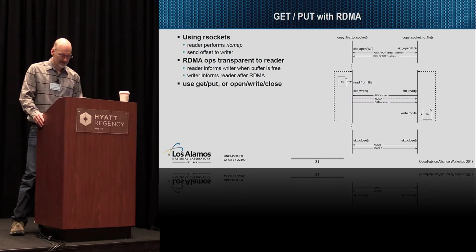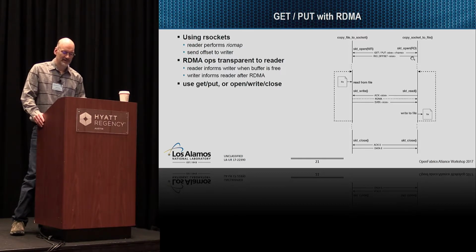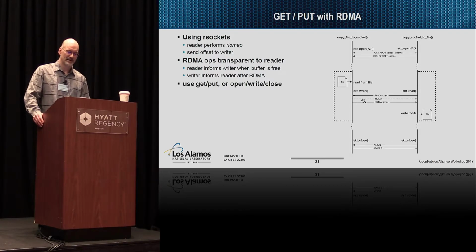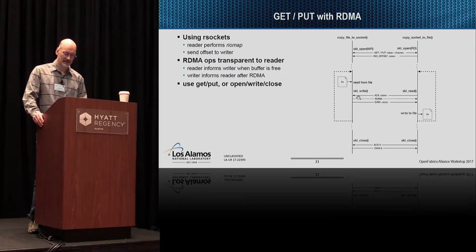The idea is at open time, then the read side does a mapping of a buffer and transmits that to the writer. REO offset is the RSockets term, but it's just basically mapping a buffer for RDMA. And then because the RDMAs are transparent, there's a little bit of protocol around each write.